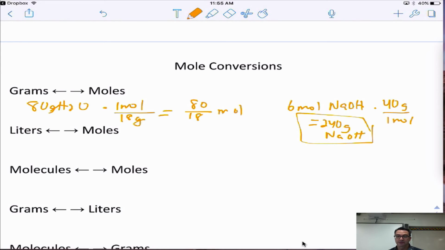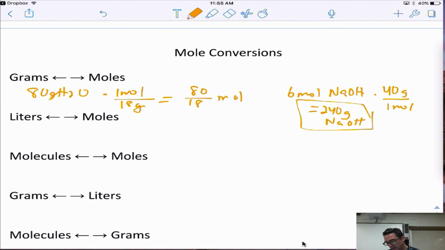I could do liters. Liters would require that 22.4 number. So I could have something like 80 liters of oxygen. Well, times 1 mole for every 22.4 liters. That would give me 80 over 22.4. And that would be in moles.